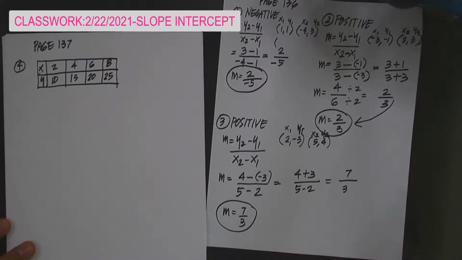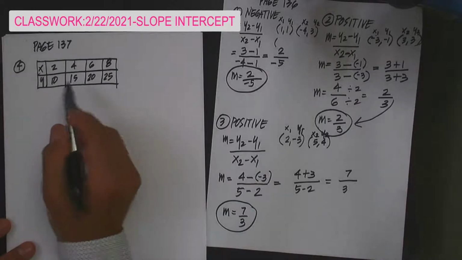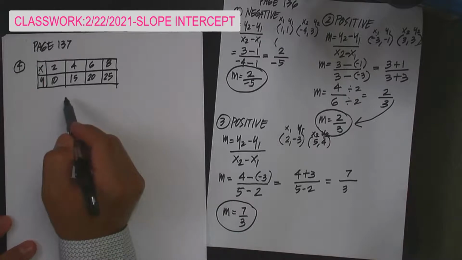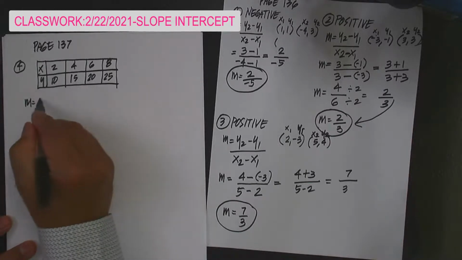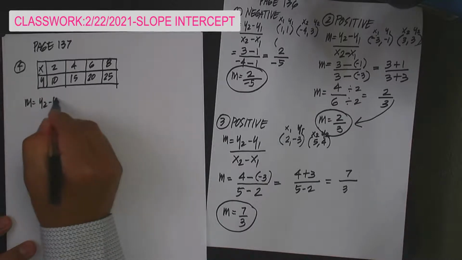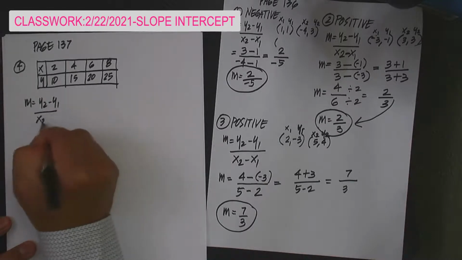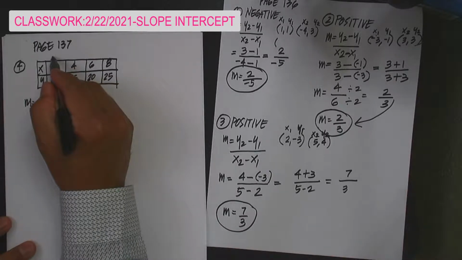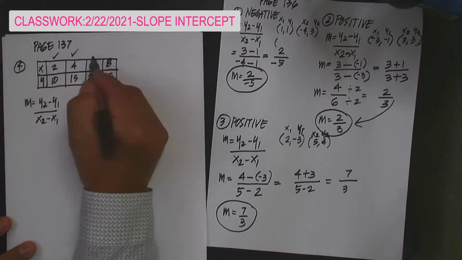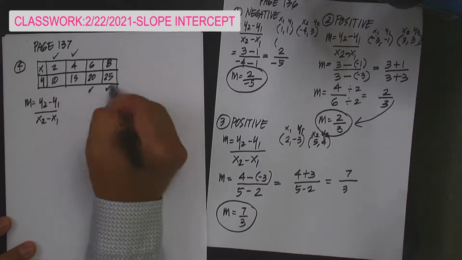As you notice here, you can pick any two points by applying m equals y sub 2 minus y sub 1 over x sub 2 minus x sub 1. You can pick this point and this point, or this point and this point.